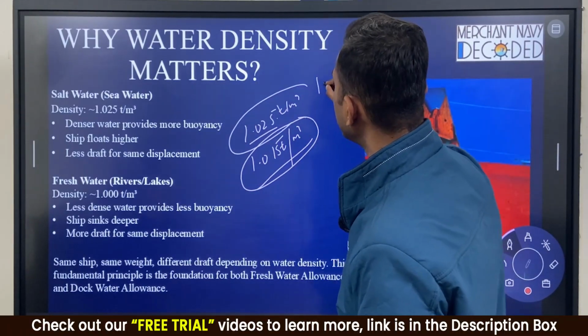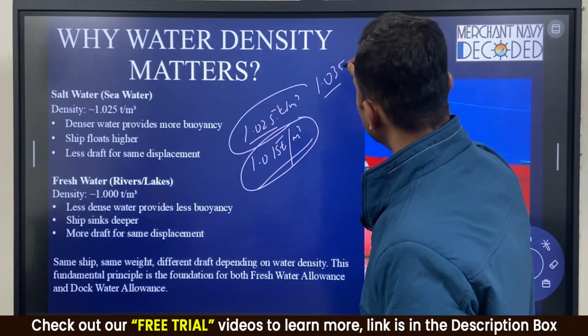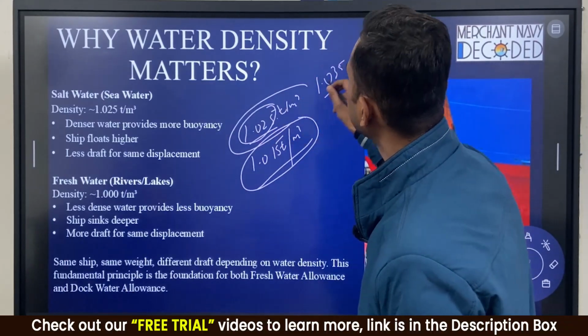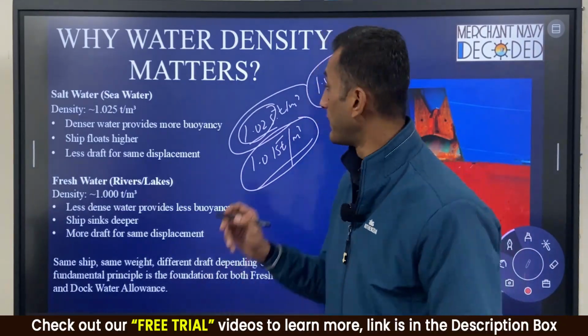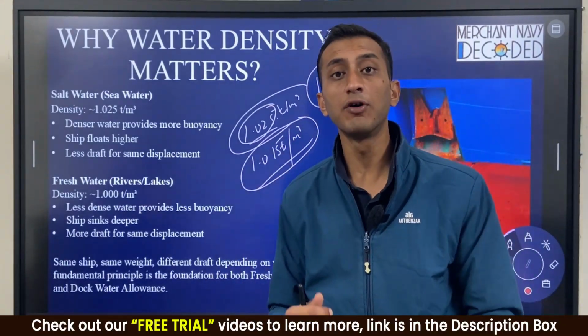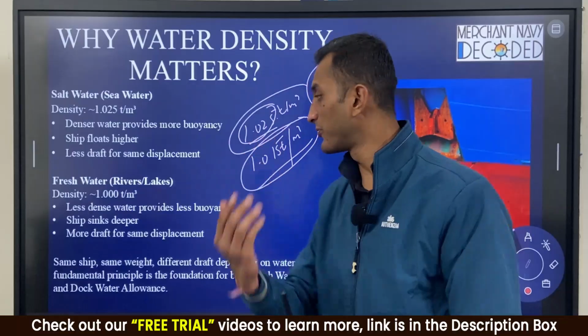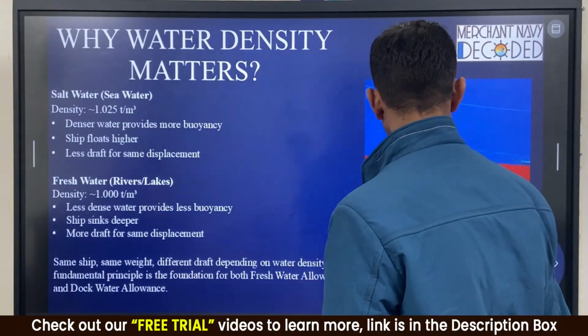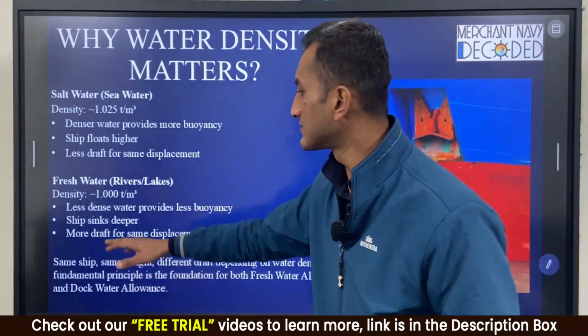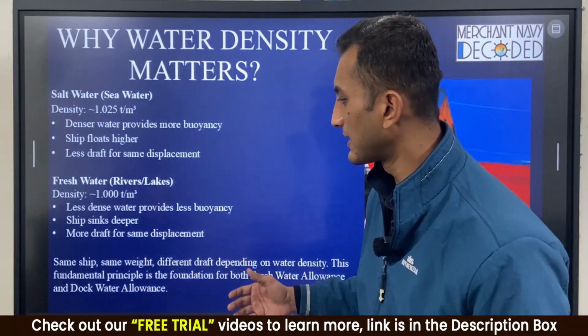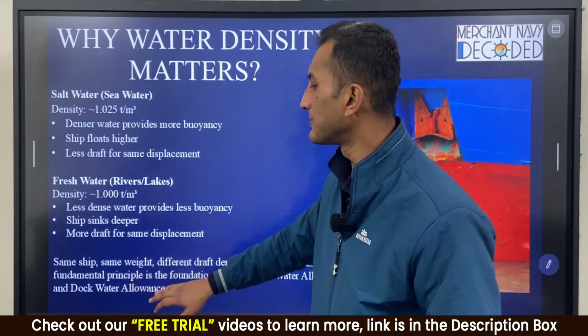But if I have some density like 1.035, it will go less deep in this case in comparison to 1.015 because it has more density, more particles to push the ship upwards. So likewise, as I said, less dense water provides less buoyancy, ship sinks deeper, more draft for same displacement. Okay, it's just a random statement you can go through.